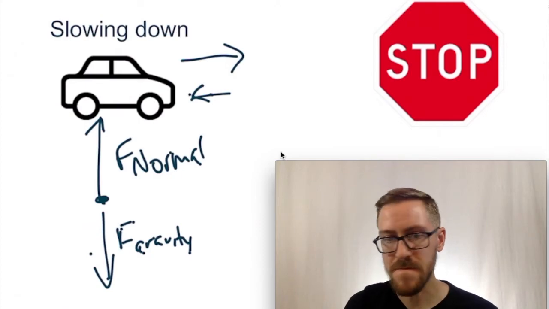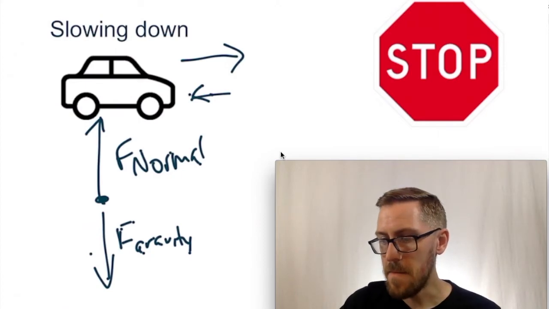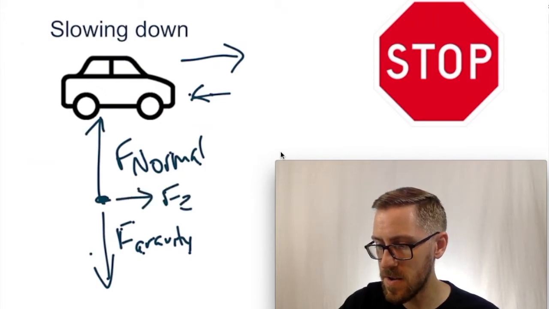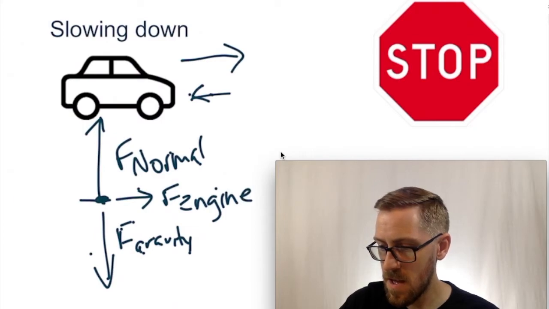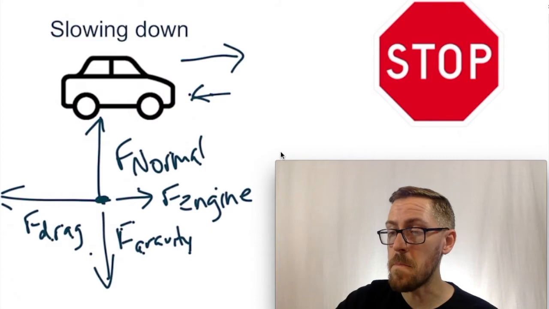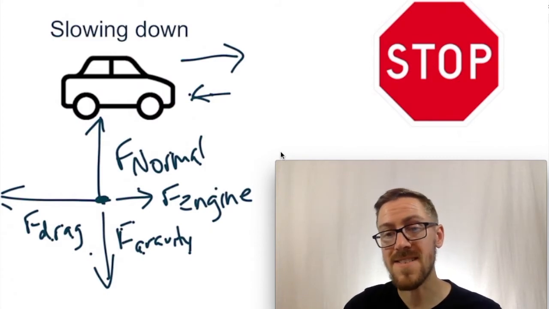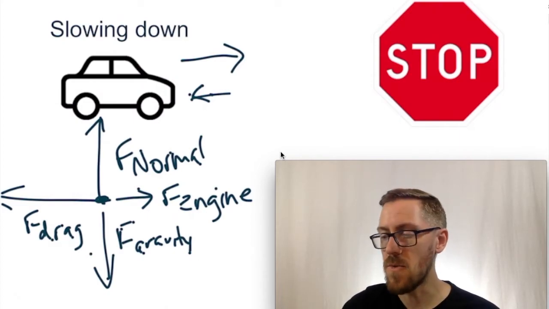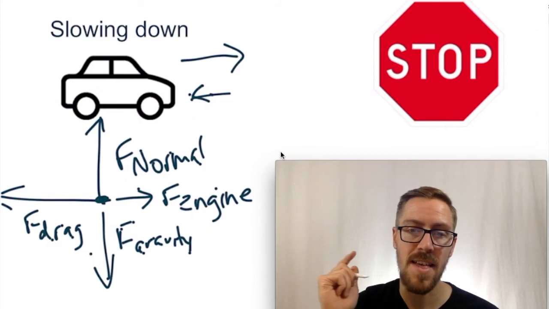Those are still there. But now we have a shorter arrow for engine, and a longer arrow for drag. Because in this example, even though we're moving to the right, our speed is changing to the left. The overall effect is that we're losing our positive velocity, which means that our net force is that way.